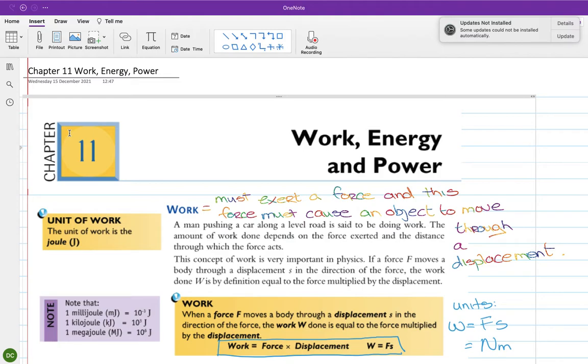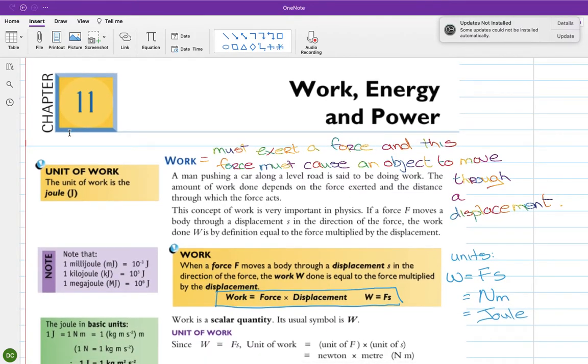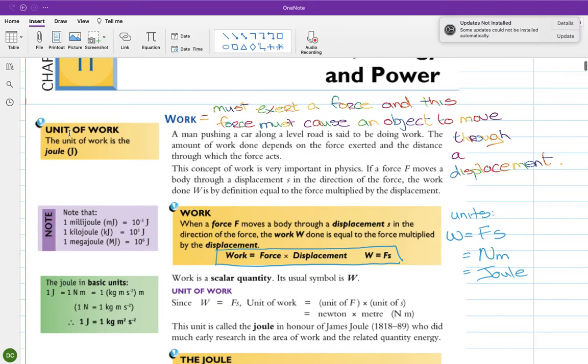Now, like in some of the ones we've come across before, the Newton meter is the compound unit, the unit we've just built using the formula. But remember, when a scientist puts a lot of work into a particular area, the unit gets renamed. Work is one of those, and it's been renamed the joule.